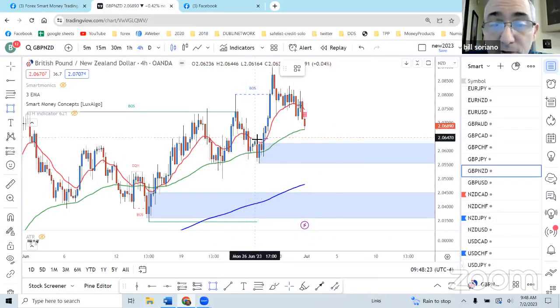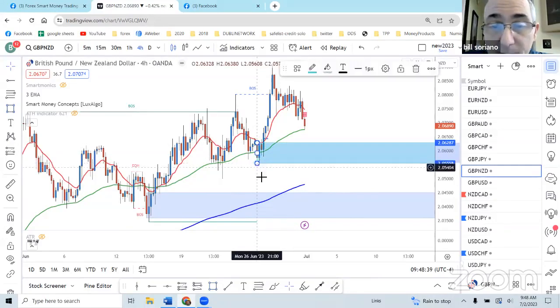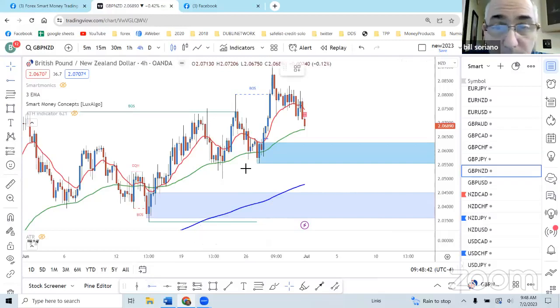Again, typically I would use the zone here, wick to wick on the banker candle. But since the smart money indicator is printing this zone, I'm just going to go ahead and copy that, because the zone I'm really not worried about, because I'm going to put my point of interest on the open of that banker candle.